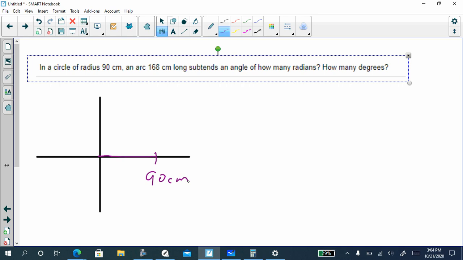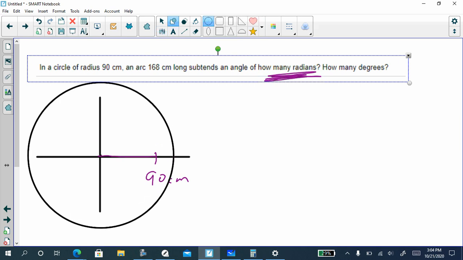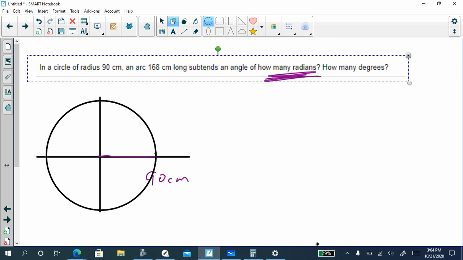And we want to know what angle in radians has an arc of 168 centimeters. So imagine we've got a circle. If we start here and we travel 168 centimeters along the edge, what rotation do we go through?